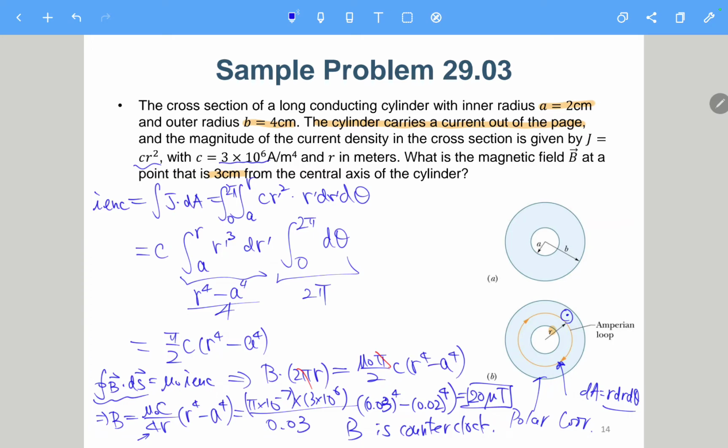Okay, can you follow this argument? So B is counterclockwise. Or actually, you can determine it even more directly. The current is going out of the page, so you use the right-hand rule: your thumb follows the direction of this current, and then your fingers go in this way, which means that the B field is counterclockwise.